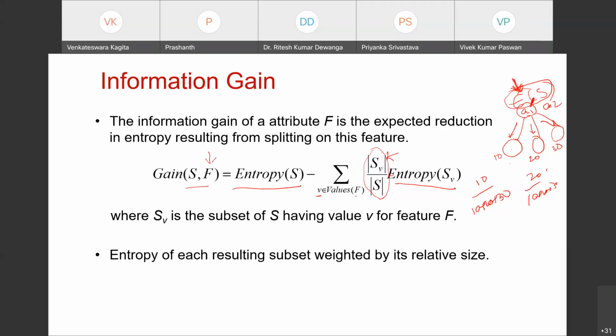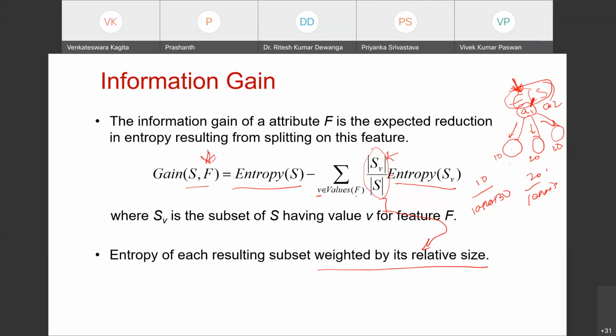Yes, it's a weighted average, Prashant. Good. You do this for all the features, feature 1, feature 2, up to feature D. Whichever feature gets more gain, reducing the impurity more, you select that attribute at the root. Repeat this procedure for the intermediate nodes. So it is the entropy of each resulting subset weighted by its relative size.